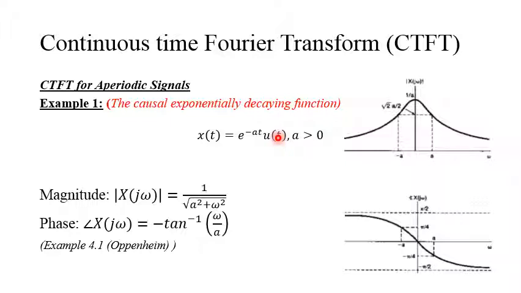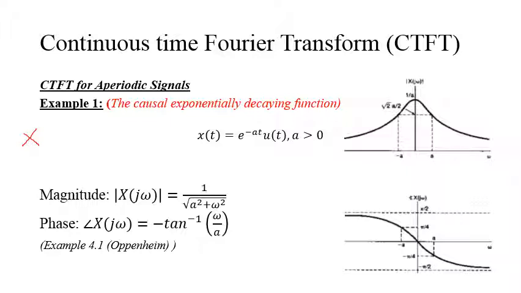So to find the Fourier transform of this signal, let's apply the formula. So x of j omega, let me change the color. So let's take this color.